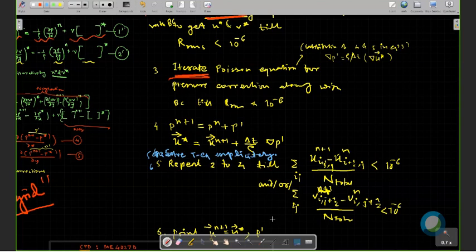Here also you can put a condition on temperature: the summation over i, j of the temperature at the new time level minus the temperature at the same location at the old level, divided by the total grid points, should be less than 10 to the power minus 6. Even in the case of SMAC, suppose any other variable is there apart from T, say Y, a species mass fraction.